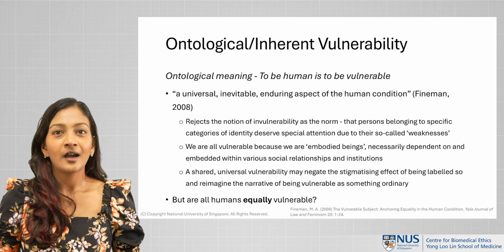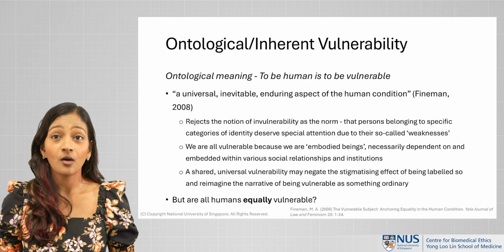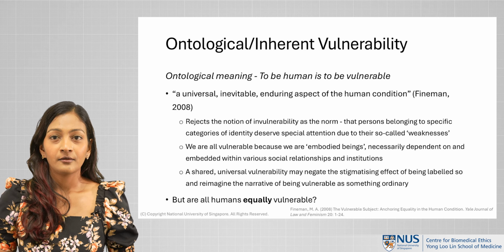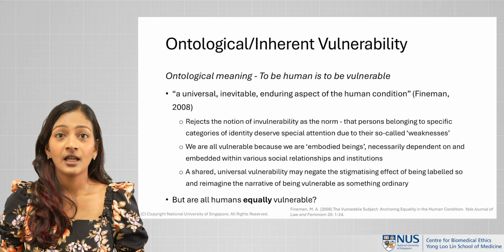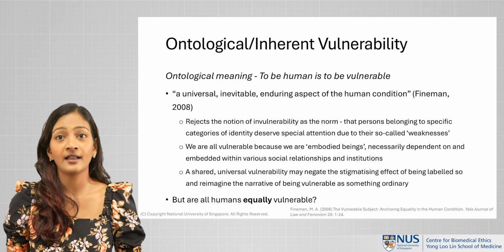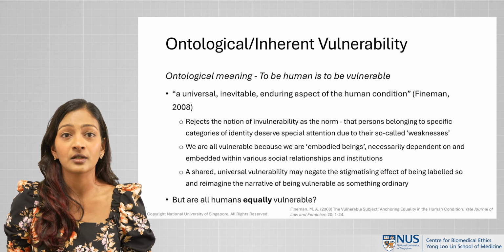After all, we are or were all children once, and we are or will all be old and frail at some point. We've all been, are, or potentially will be caregivers, and we all have or will potentially require care at some point. These characteristics remain inherent to the human condition.